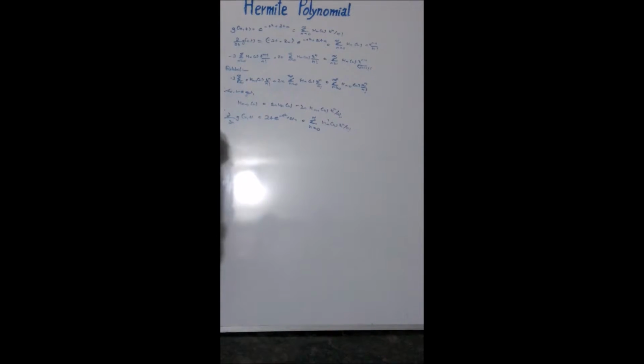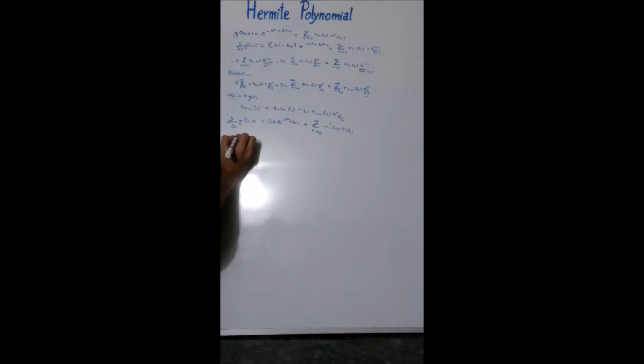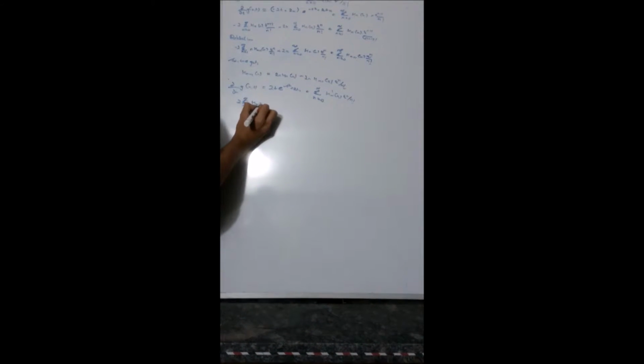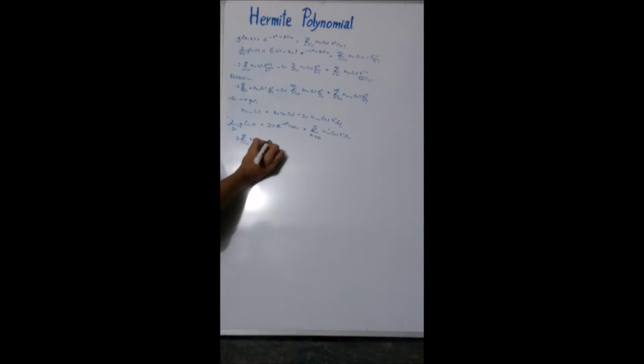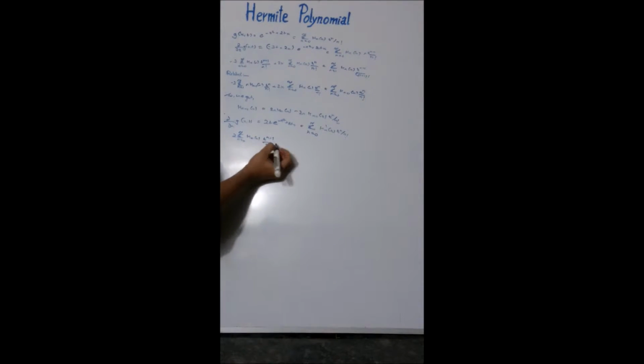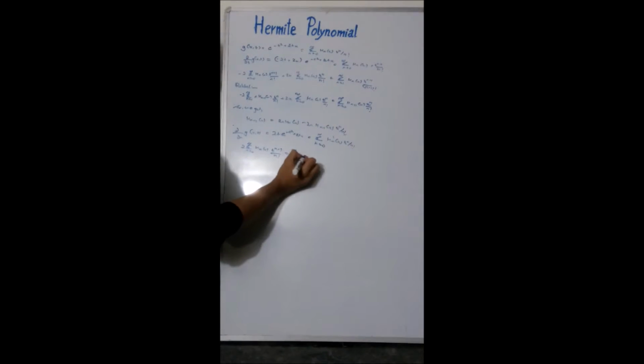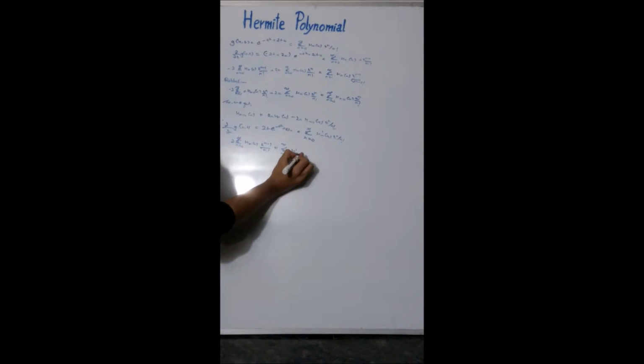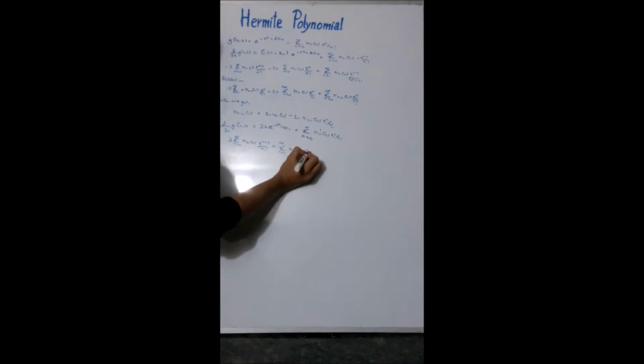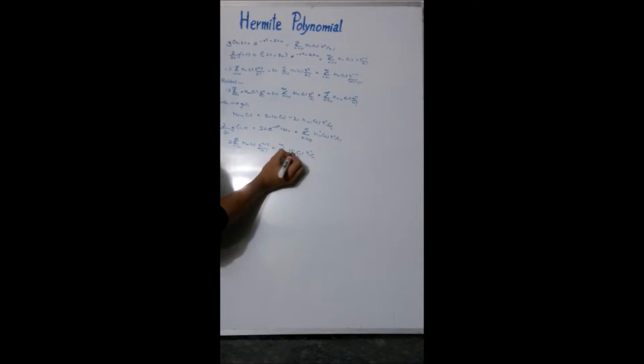Now we substitute g. So we get 2 sigma n equals 0 to infinity H_n(x) t^(n+1) / n! = sigma n equals 1 to infinity H'_n(x) t^n / n!.